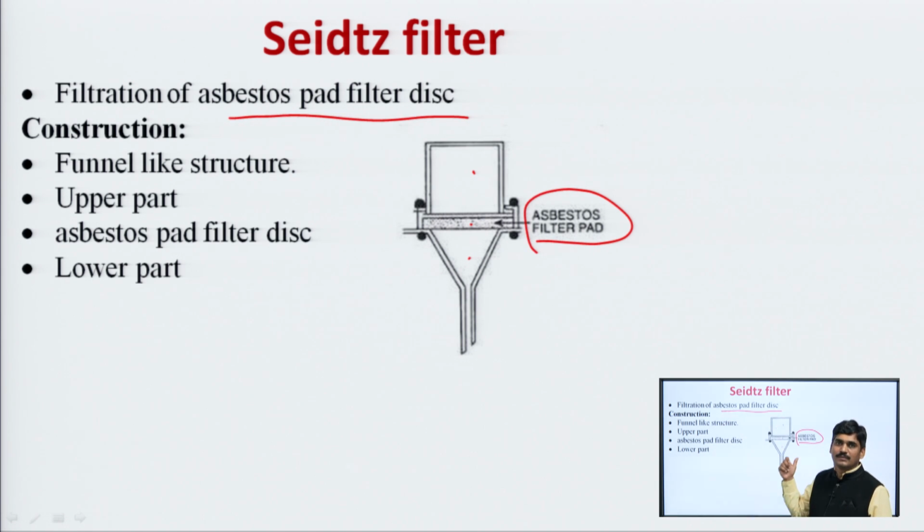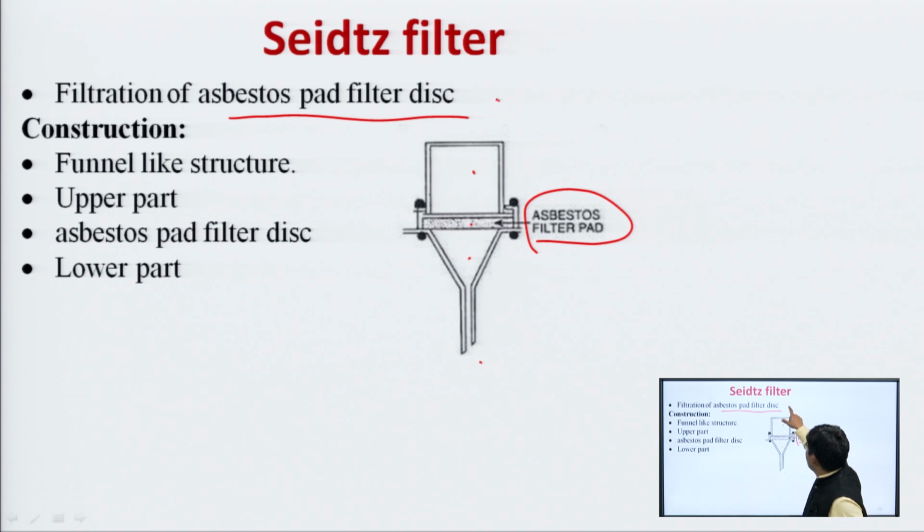So, this instrument consists of an asbestos filter pad which is kept in between the lower part and upper part. The lower part is a funnel-like structure, the upper part is more or less square or rectangular in shape, and in between the upper part and lower part the Seitz filter, that is the asbestos pad filter disc, is attached very tightly.